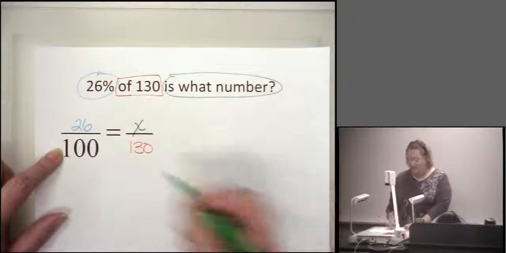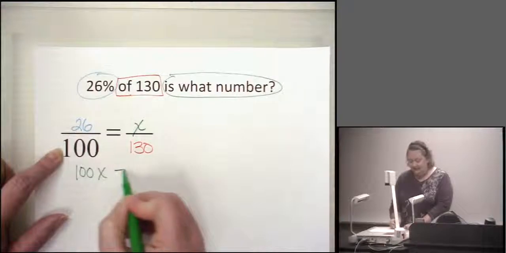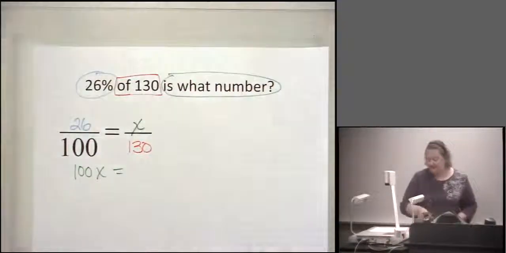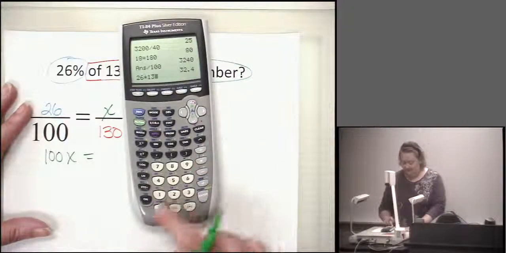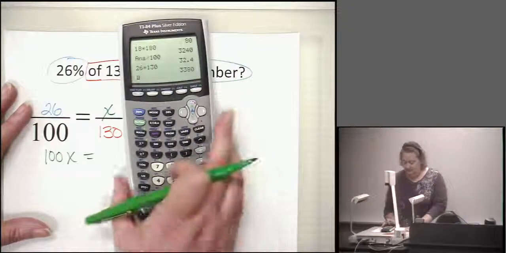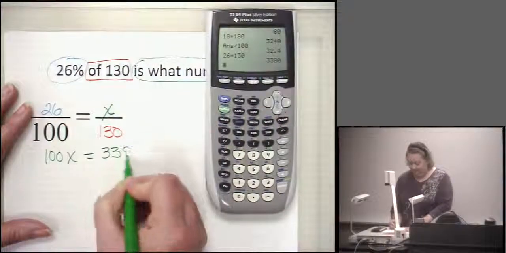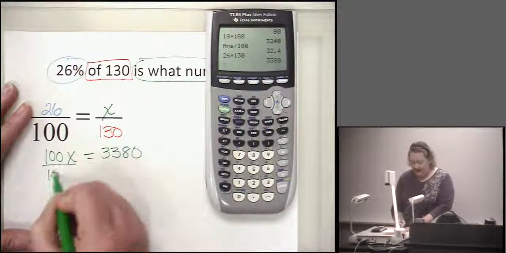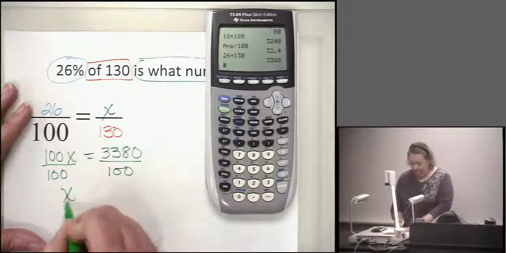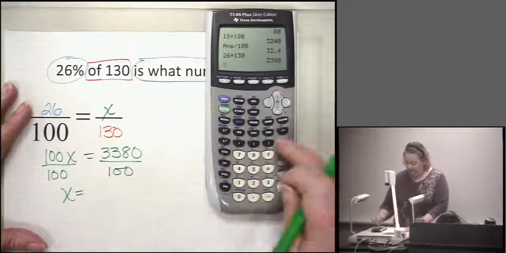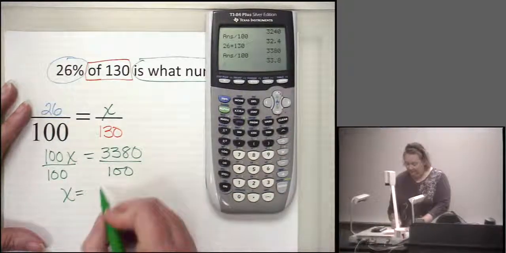Then I cross multiply whatever I have. 100x equals whatever 26 times 130 is, which is 3,380. Then divide by 100.